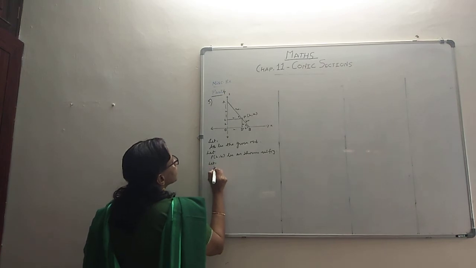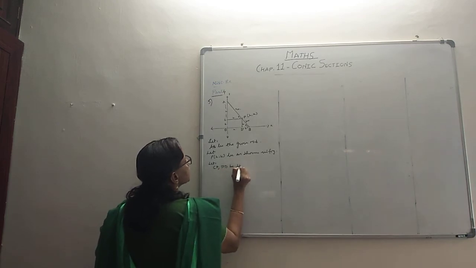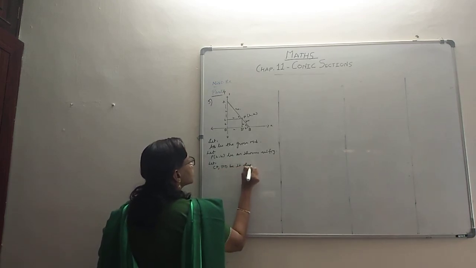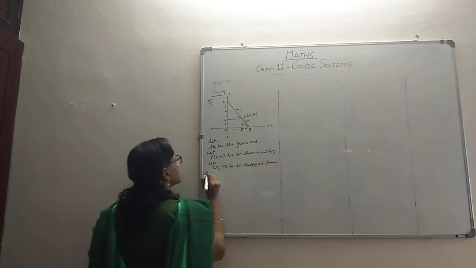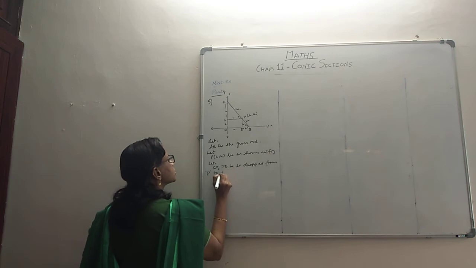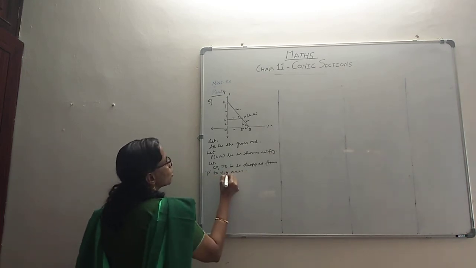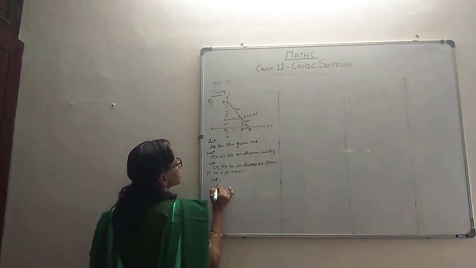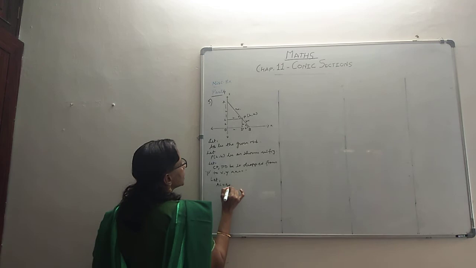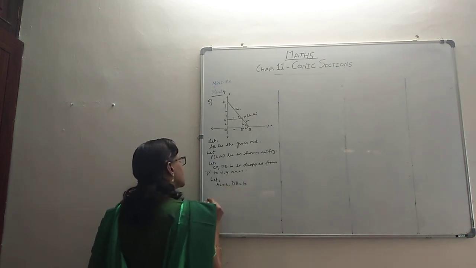Let CP and PD be perpendiculars dropped from P to the x and y axes. Then we also assume that AC is equal to a and DB is equal to b.